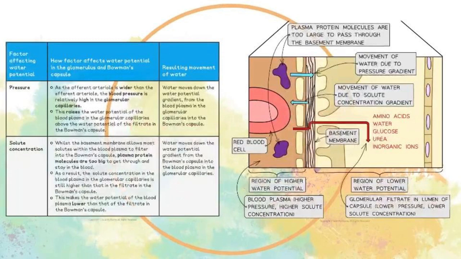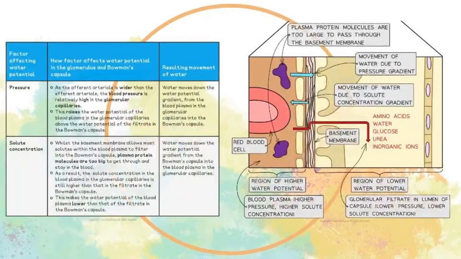So remember, water moves down a water potential gradient, from a region of high water potential to a region of low water potential. So as the water potential in the Bowman's capsule, or more likely in the glomerulus, changes due to environmental factors or other things that your body might be encountering, the amount of ultrafiltration that occurs is going to be different.